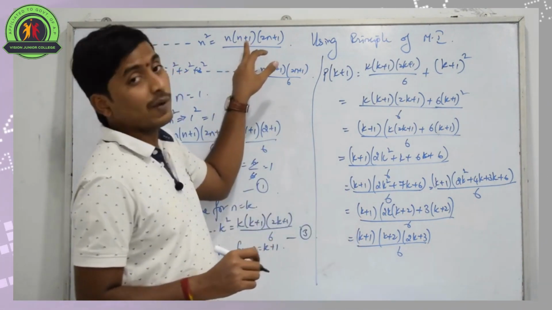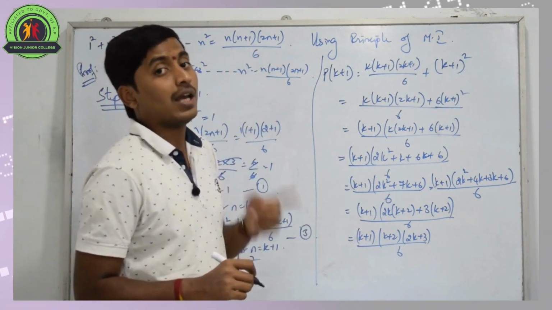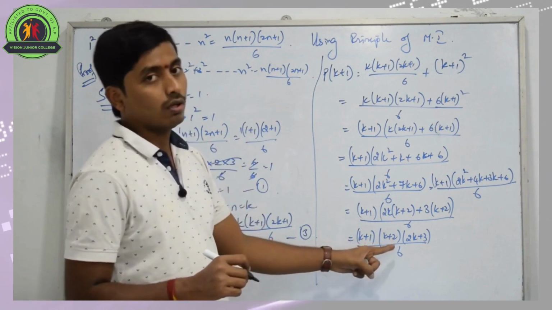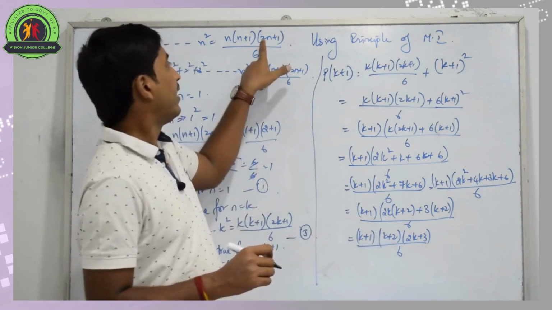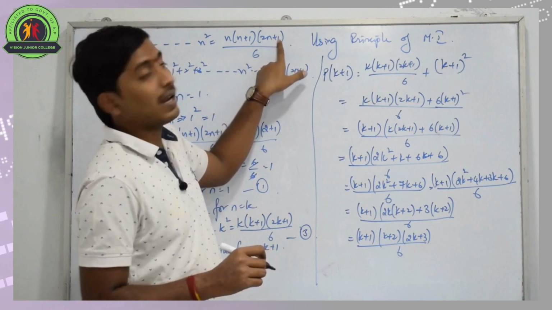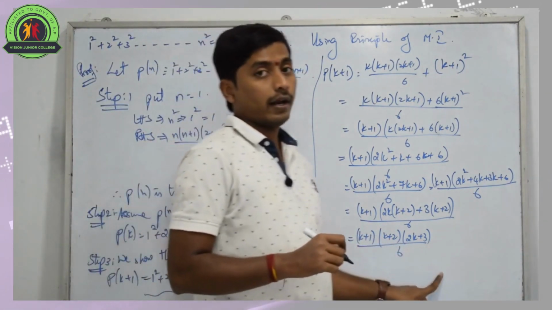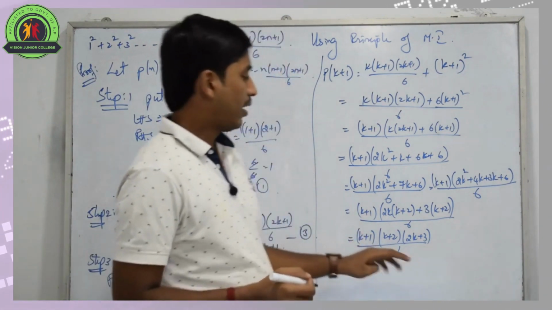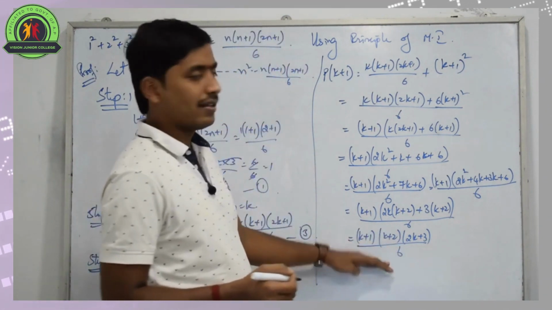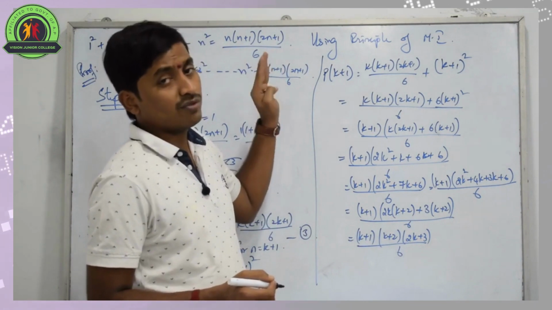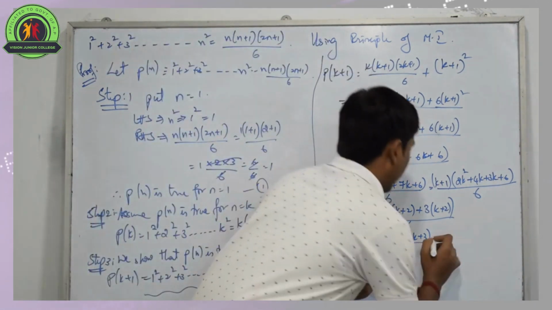And the next it is n plus 1, that is k plus 1 plus 1. Do we have 2? Yes, fine. And the next is 2 into k plus 1 plus 2, that is 2k plus 2 plus 1, that is 2k plus 3, right? We got it. Okay, if you want we can just write this in the form of k plus 1 instead of n. See here how to write it.